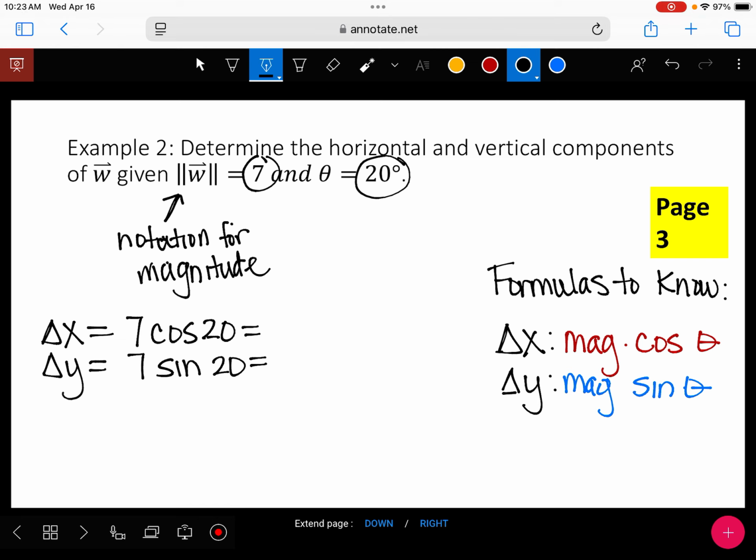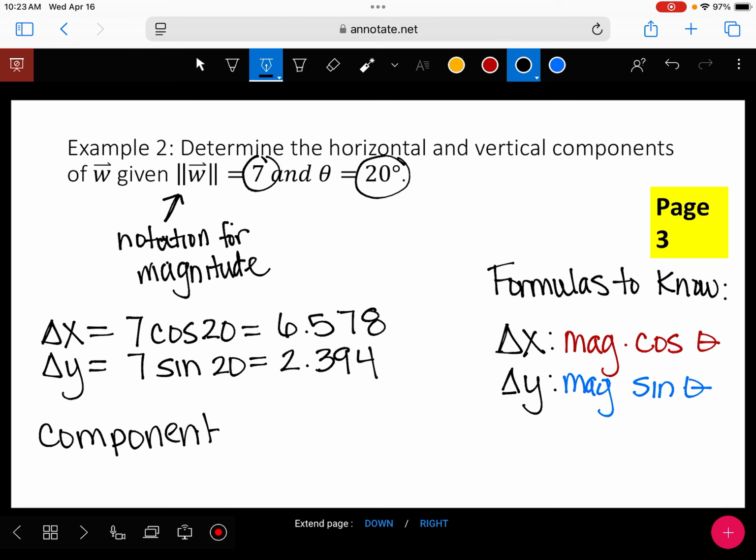So for my change in x, or my horizontal component, I got 6.578, and my vertical component, when you type that in, you get 2.394. So now let's write that in our component form.